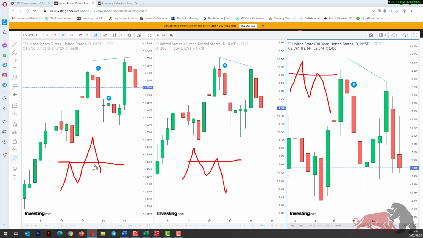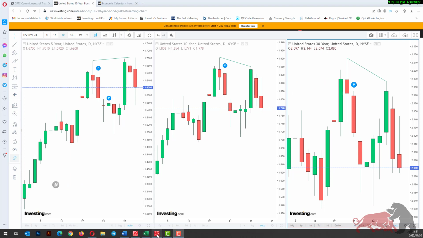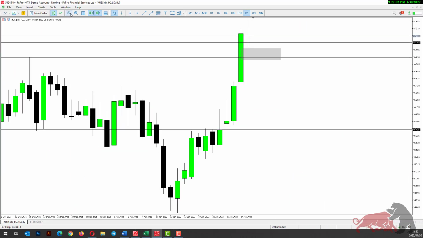Now remember, distribution, redistribution, that is weakness in the interest rate markets, of which that weakness, I'm expecting it to be portrayed or to be mirrored on dollar index come Monday and Tuesday, or even the rest of the week.